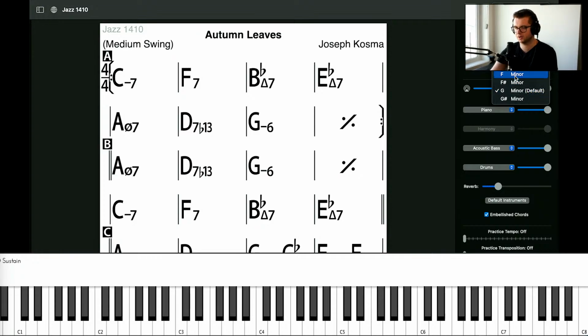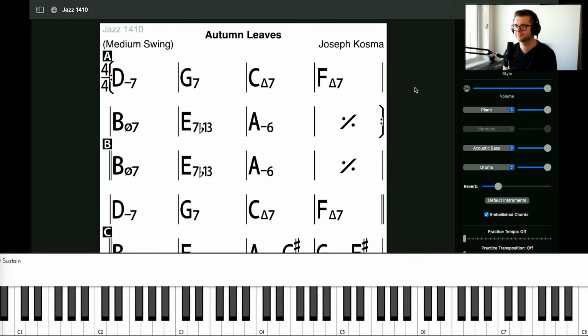Oh, so it's D minor to start. Okay, got it. So you are here. There we go. Perfect. Yay! You're a minor triad. What? You said autumn leaves there, my friend. It is definitely autumn leaves, right?